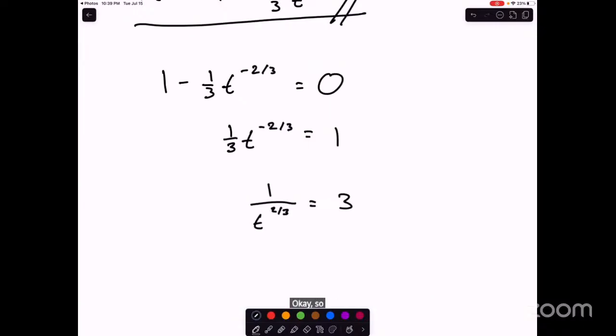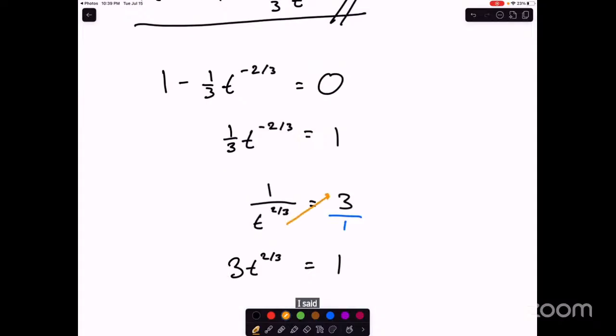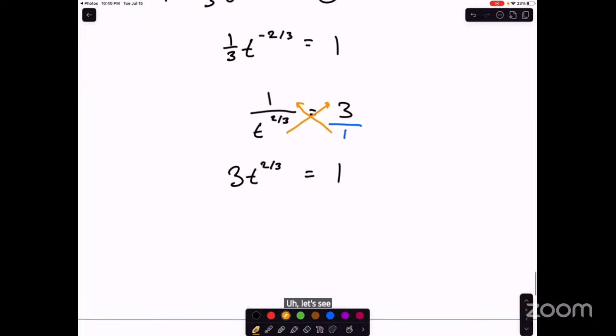So then we get 3 times t to the 2/3 equals 1. Essentially I said this is over 1, then multiplied this times that and that times that, and that's how I got this result. It's a little bit back and forth, I know, but we're almost there. t to the power of 2/3 equals 1/3.